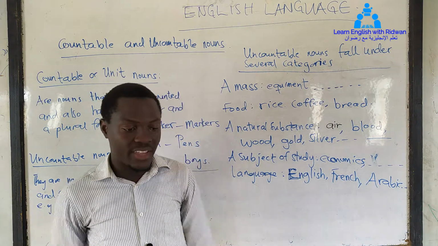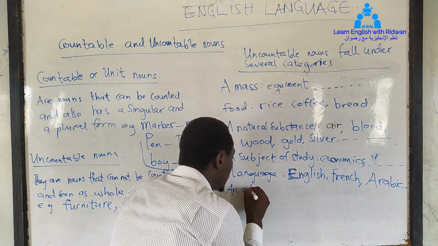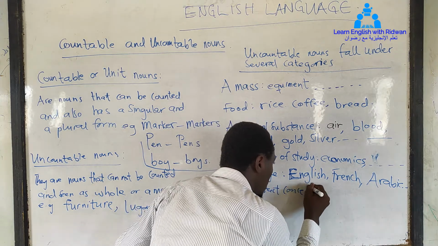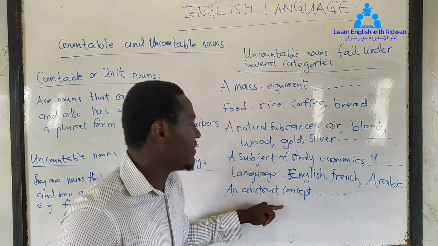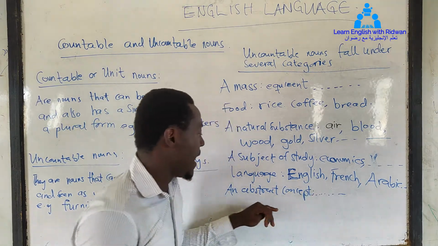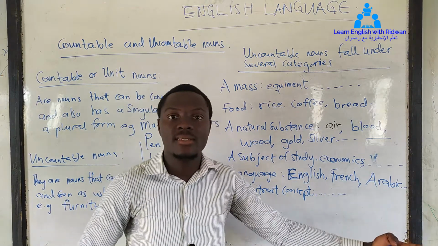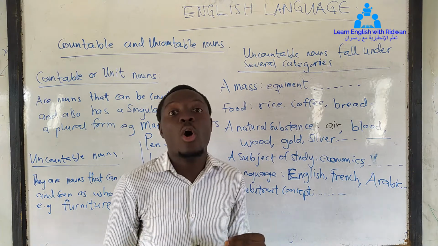Which other group do we have again? We have an abstract concept. I won't write more examples because we wouldn't get space here. So we have an abstract concept, something like happiness, jealousy. All these abstract concepts also fall under uncountable nouns.